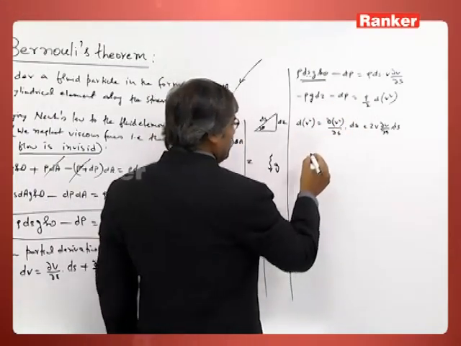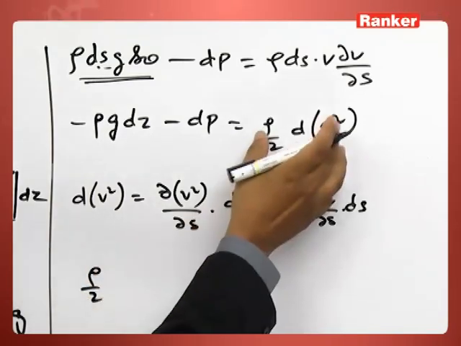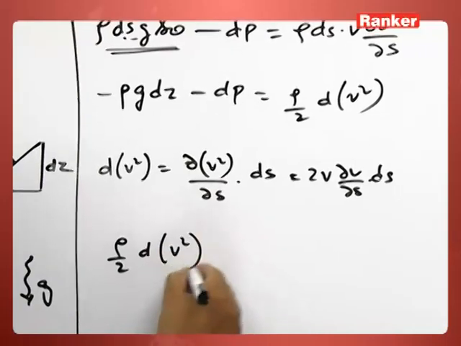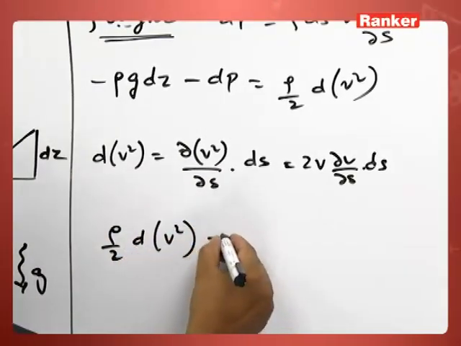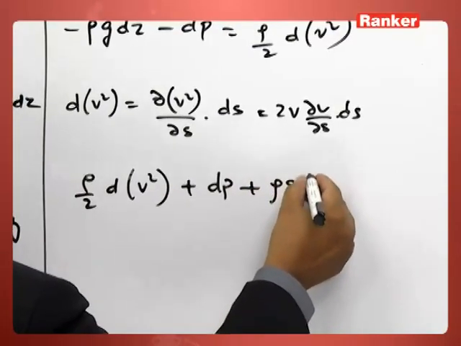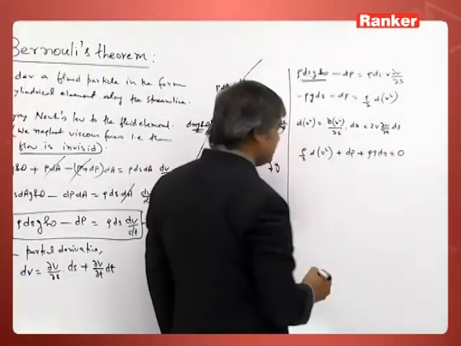Further simplification gives, let us bring all this at one place: rho by 2 of d(v square) plus dp plus rho g dz is equal to 0.